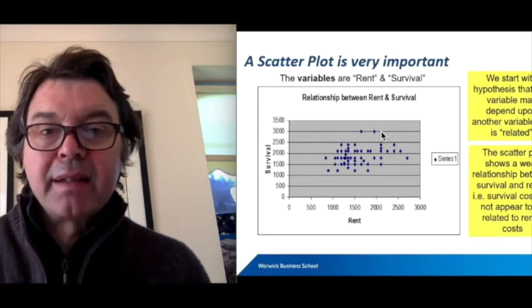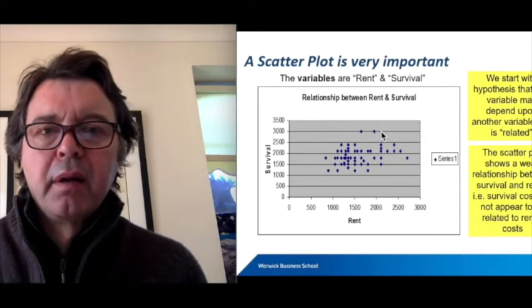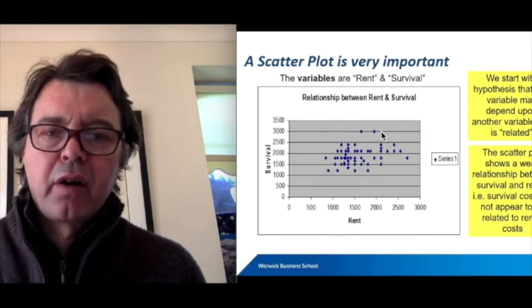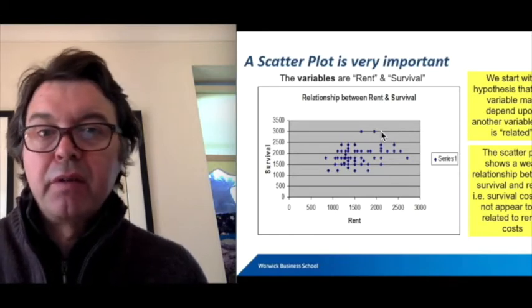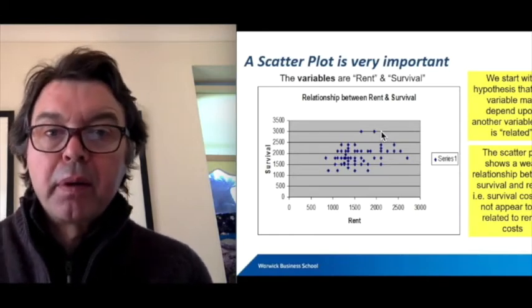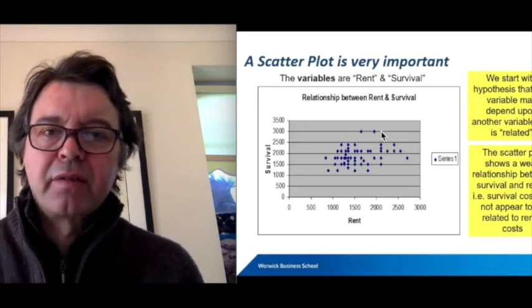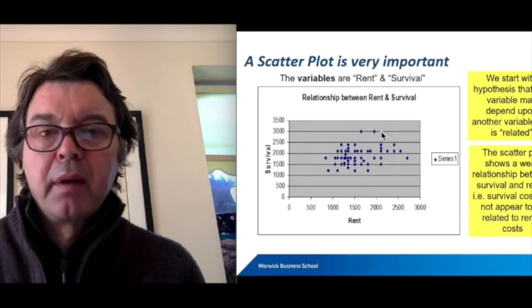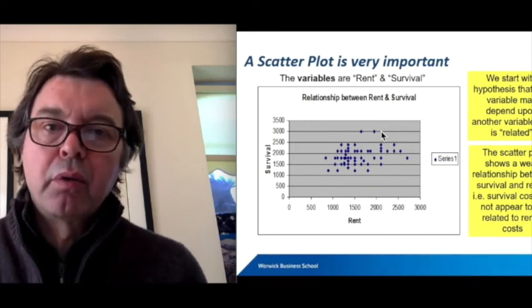The reason for that is actually rent costs are more dependent on the popularity of the university. So highly popular universities will charge higher rents, and actually the survival costs are more dependent upon the location of the university within a city or a rural area.